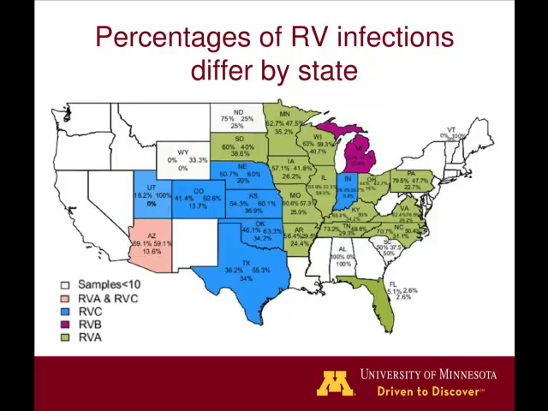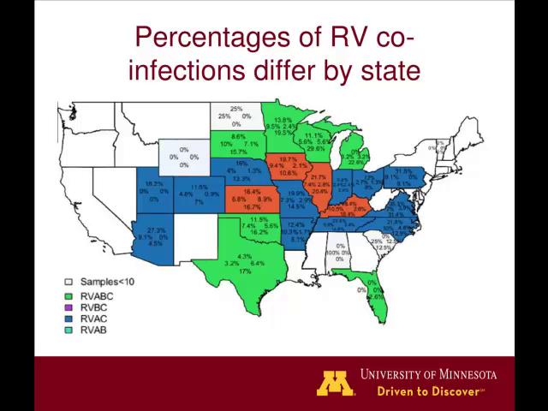Oddly, in our sample set, Michigan had a higher incidence of rotavirus B than rotavirus A or C. And lastly, we have the South Central region here that has lots of rotavirus C infections. And Arizona, which has a small sample set, has an equal co-infection rate, or co-detection rate, of A and C. So just a little bit of different trends that are happening with rotavirus infections based on state.